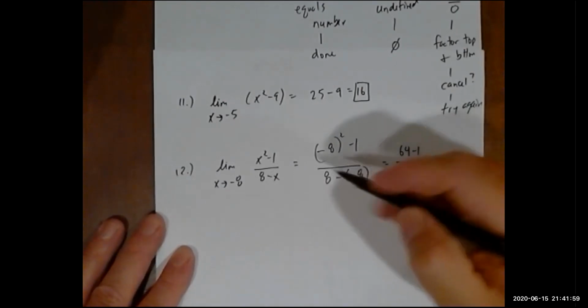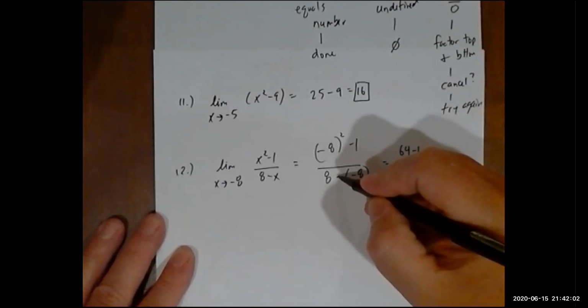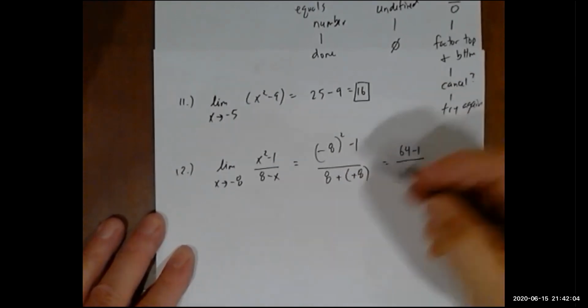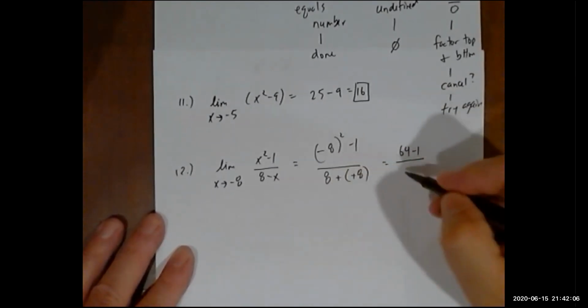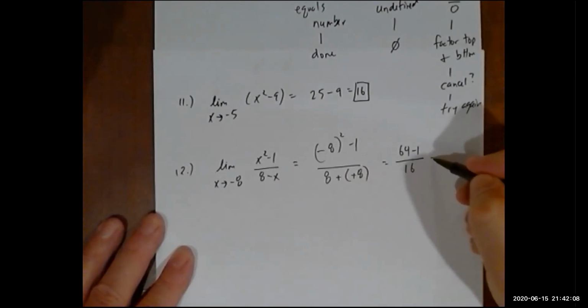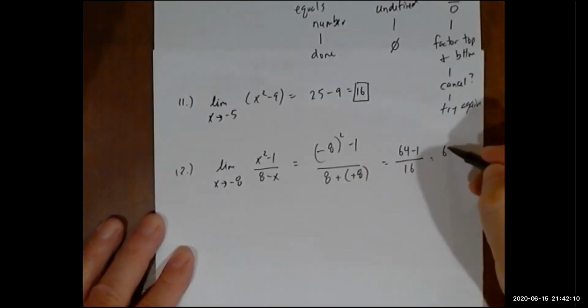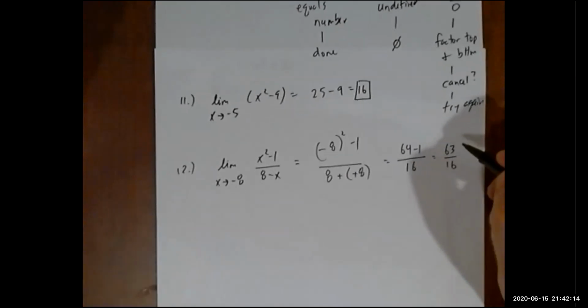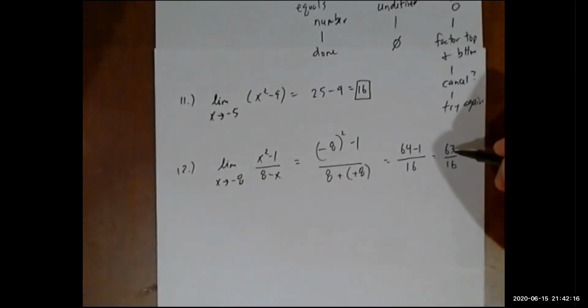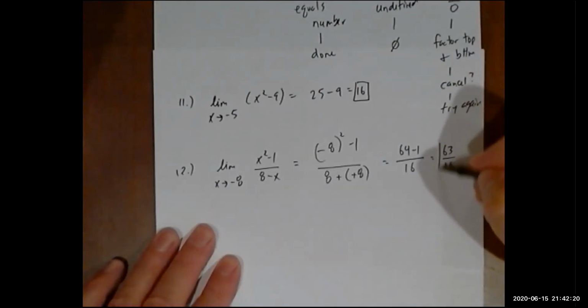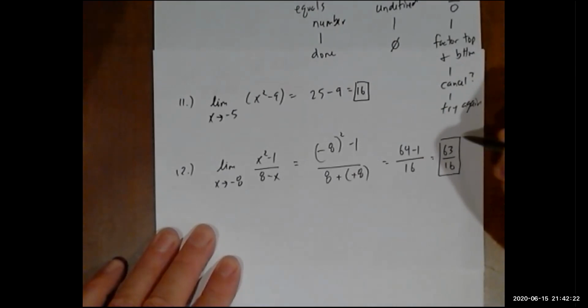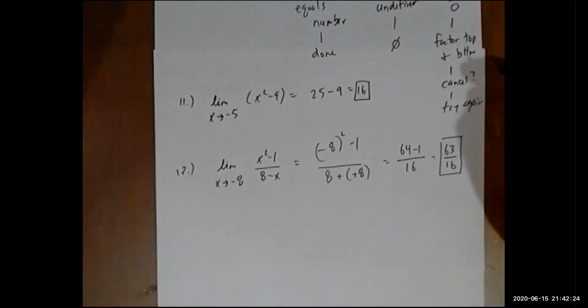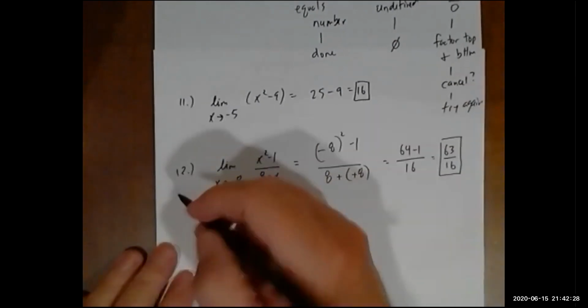Subtracting a negative 8, when you subtract a negative number, it's like adding. So it's really 8 plus 8, which is 16. So I end up with a fraction 63 over 16. You always need to see if you can reduce the fraction, but it does not reduce. Sort of an ugly answer, but that's what I have.